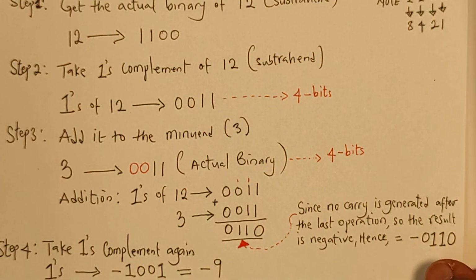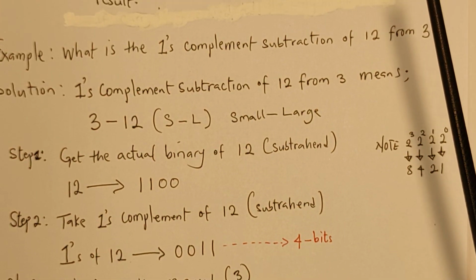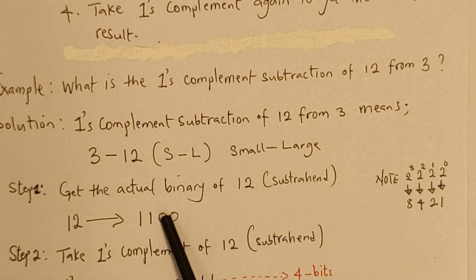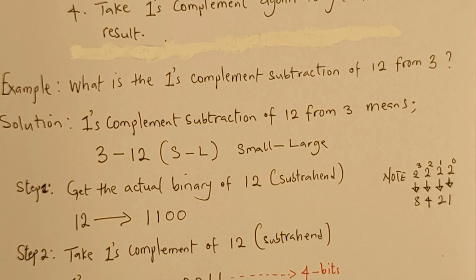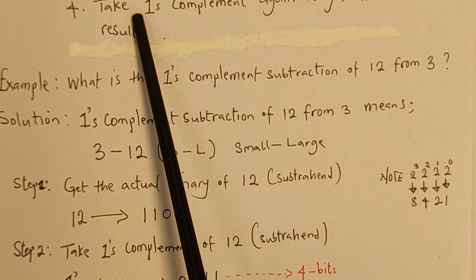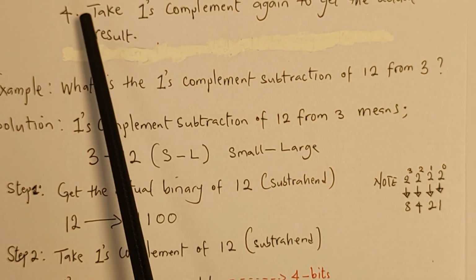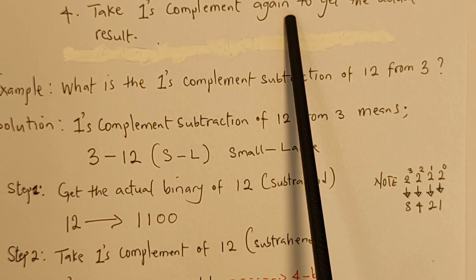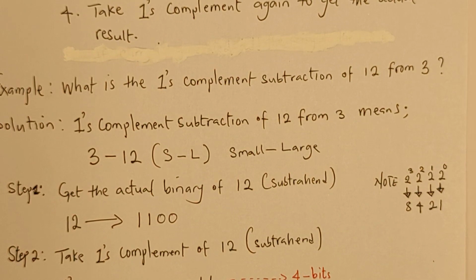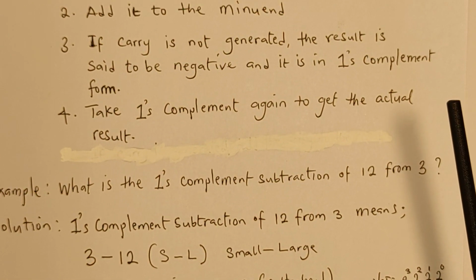Let me take you back to the 4th rule. The 4th rule says to take 1's complement again to get the actual result. Let me make that very visible.